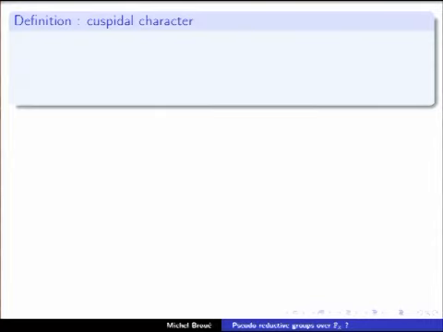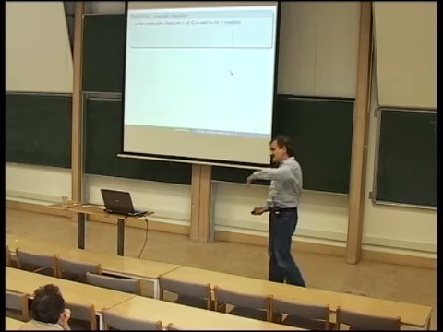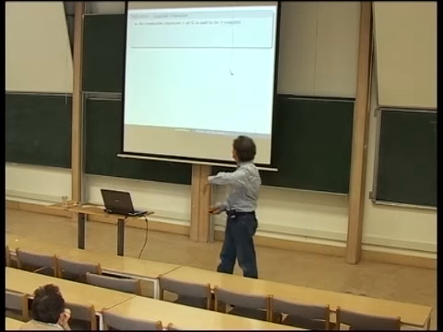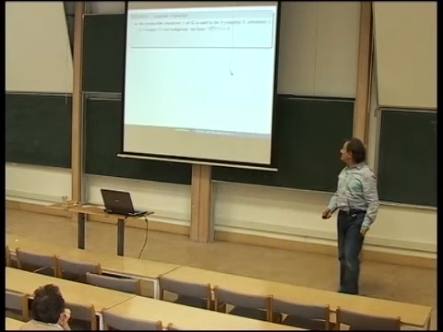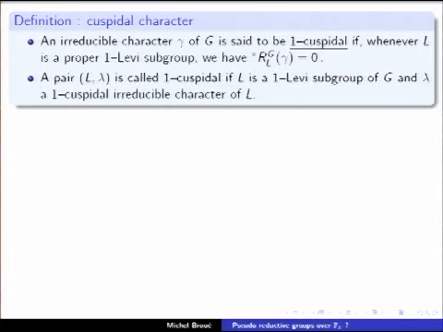All right. Now comes the main tool of Harish-Chandra theory. First of all, we say that the character is cuspidal if the Harish-Chandra restriction is 0 whenever you take a proper Levi subgroup. So what is written here, whenever L is a proper Levi subgroup, then the Harish-Chandra restriction is 0. In other words, whenever you take the unipotent radical of a parabolic subgroup, then the set of fixed points is 0. And then, just for convenience of notation, a pair (L, lambda), where L is a 1-Levi subgroup and lambda is a character of L, is called 1-cuspidal if L is a 1-Levi subgroup and if lambda is a cuspidal character.